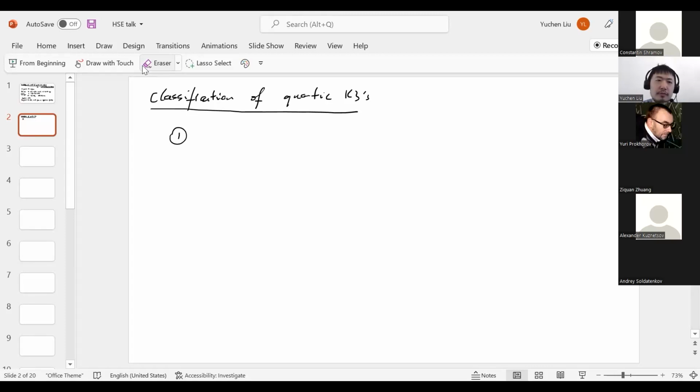The first type will be called generic, or in other words, this is just a quartic surface inside P3. So probably this is one of the most known examples of K3 surface. And this embedding is given by the linear series of L. So the image is a quartic surface.